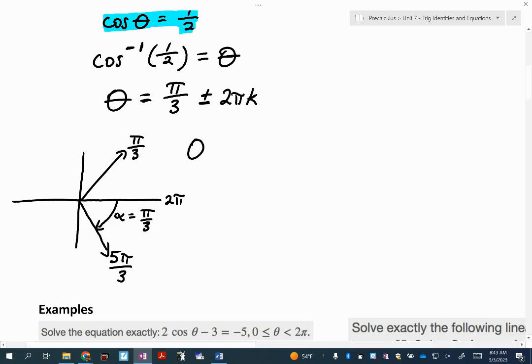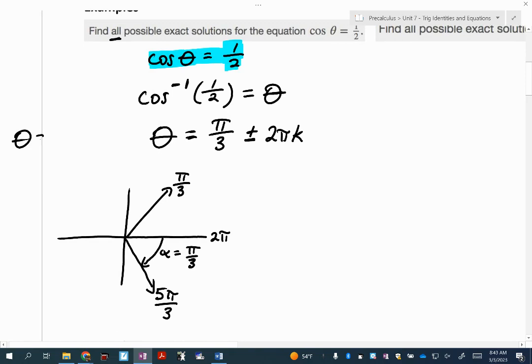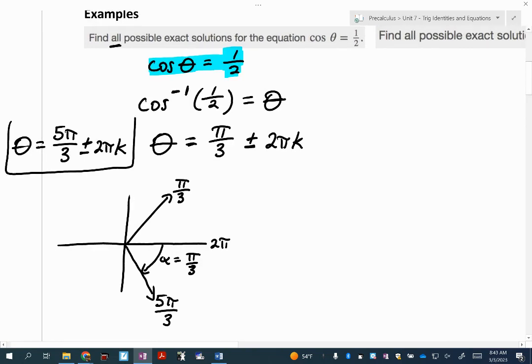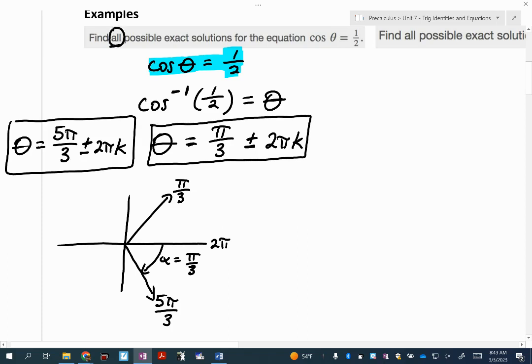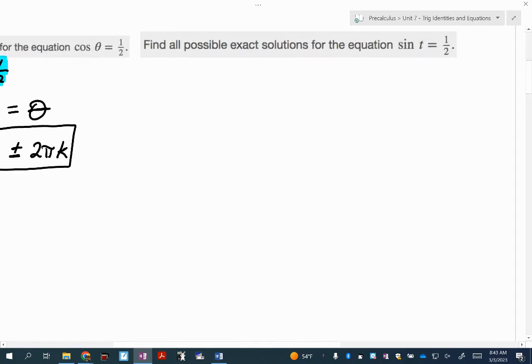So the other answer would also be 5 pi over 3 plus or minus 2 pi k. Again, these two are both the solutions, and because it wants all of the possible solutions, we have to throw in that plus or minus 2 pi k.